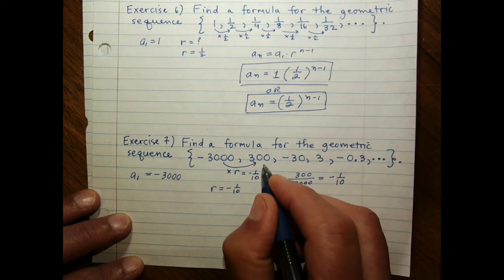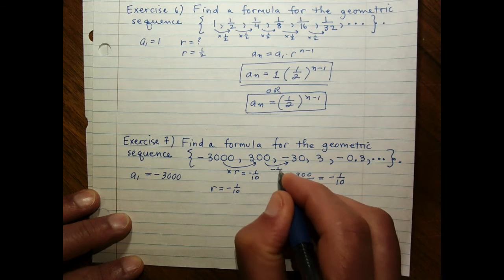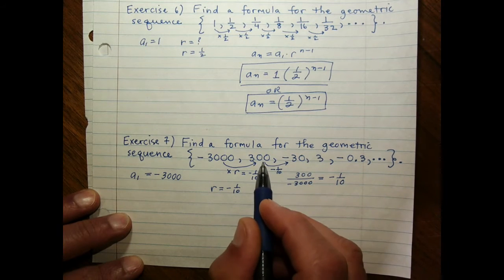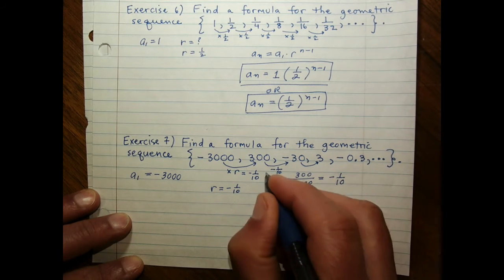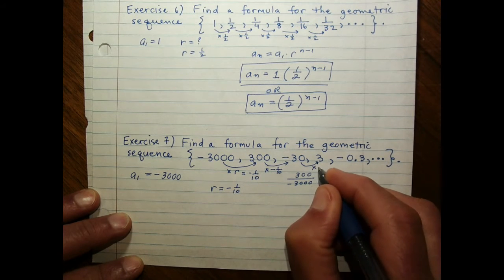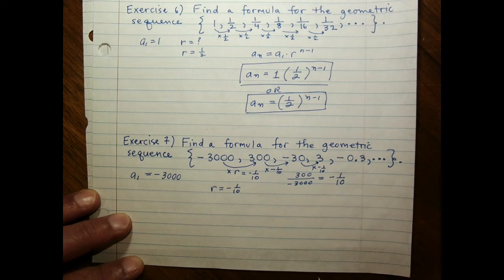And let's just verify that down the line. If we take negative 1/10 of 300, I'm going to get negative 30. If I multiply by negative 1/10 again, a negative times a negative is positive, I'll get positive 3.